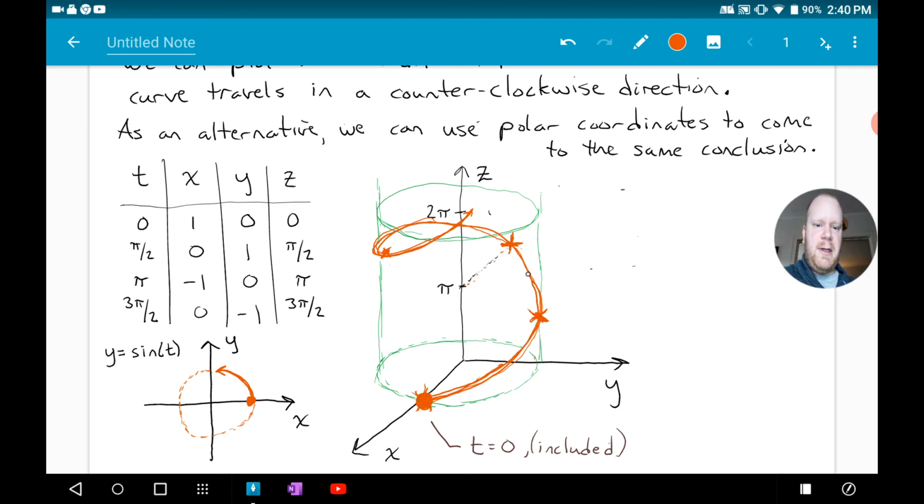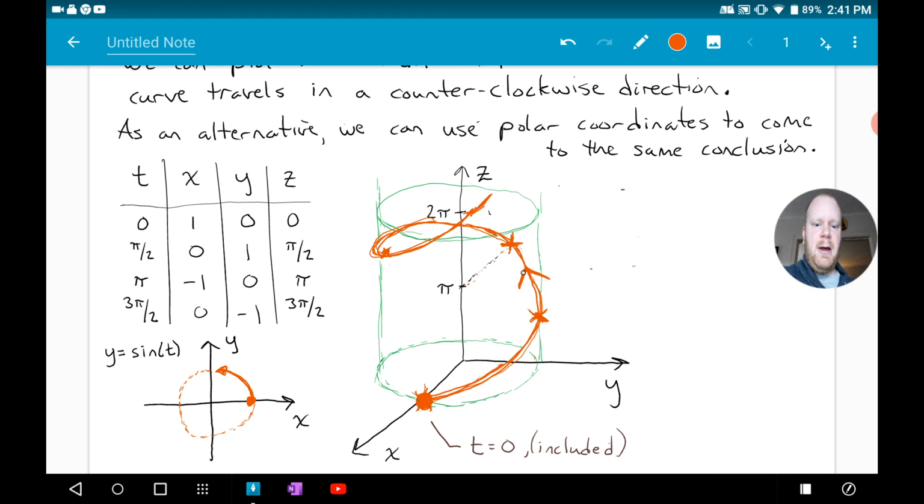So I'm going to sketch the curve like that. Again, all the points have to be on the cylinder, so I'm going to leave them on the cylinder there. We're not quite done with this yet. Another thing that we need to do is talk about the direction of this. A curve contains this curve in 3D space, but we also need to give it a direction.